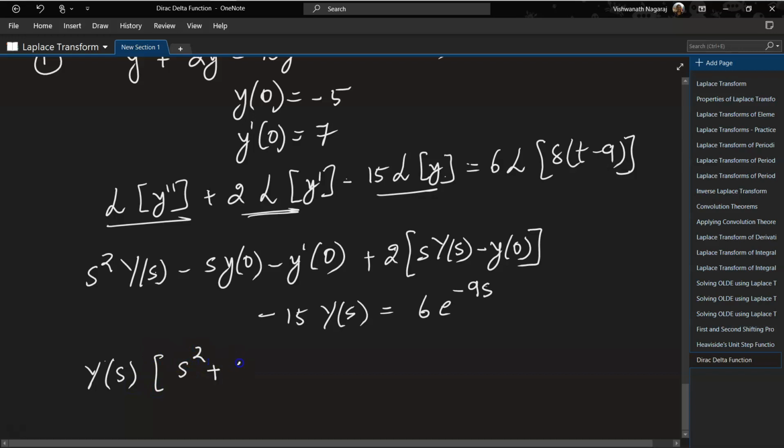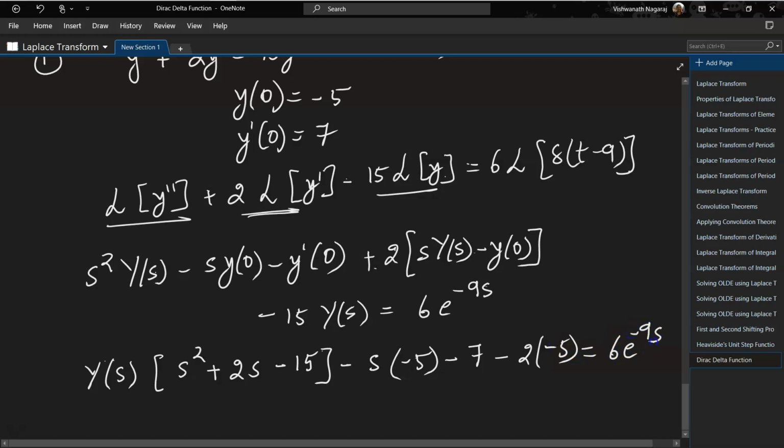Okay, so let's take Y of s out. s square plus 2s minus 15, minus s times y of 0, which is minus 5, minus, here y prime of 0 is 7, then minus into plus, minus 2 times y of 0, which is 2 times minus 5, and this is equal to 6 e to the power of minus 9s.